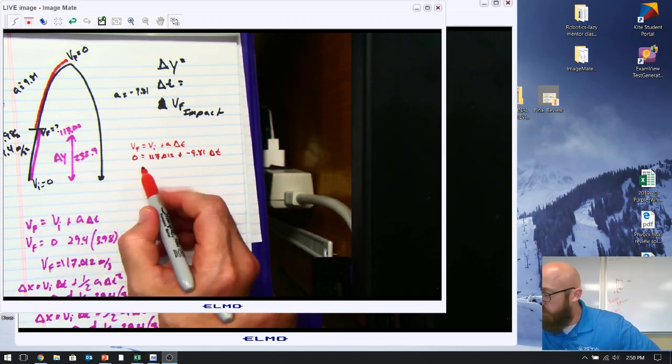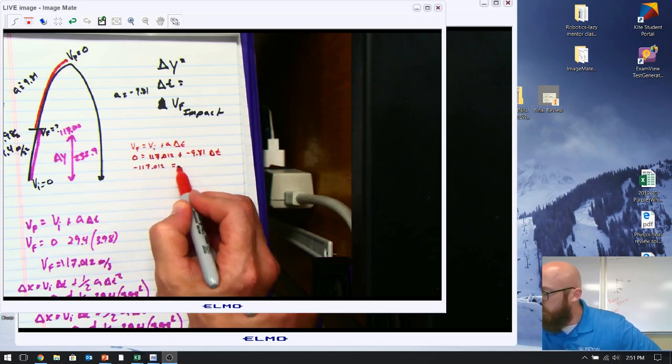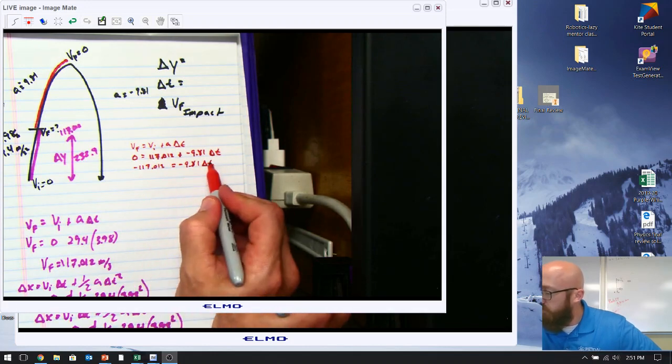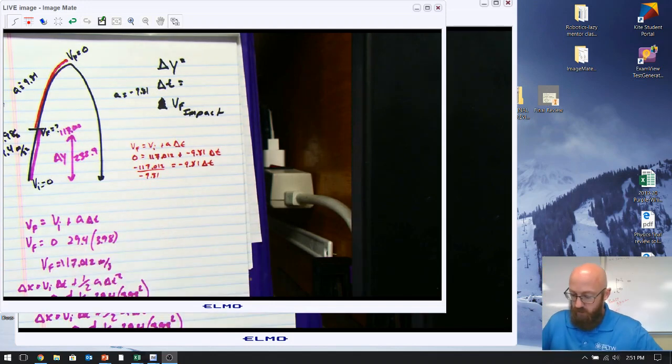So you move that over: negative 117.012 equals negative 9.81 delta t. Divide by negative 9.81. So negative 117.012 divided by negative 9.81.